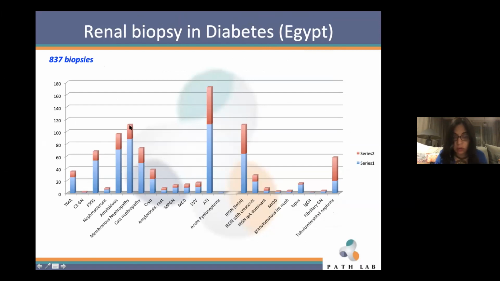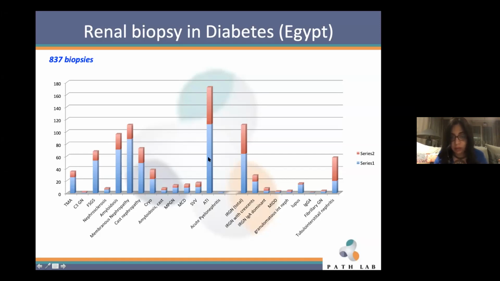Not much, almost close to the number of patients with membranous, because you always think that if the patient has a non-diabetic renal disease, then it's going to be membranous. No, see, membranous and amyloidosis were almost alike, and they were followed by light chain cast nephropathy. The cryoglobulinemias, of course, were in the HCV patient cohort. These were patients who had both amyloidosis and cast nephropathy. These were MPGN without cryo, and so on.